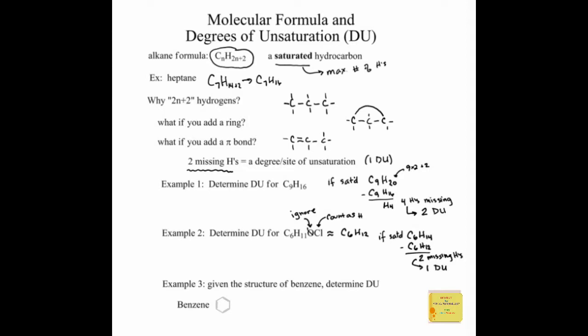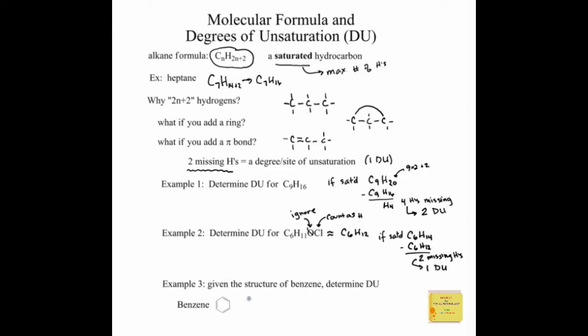And you can even look at a structure and determine the degrees of unsaturation. So without considering the formula, let's take a look at the structure of benzene and determine how many degrees of unsaturation there are. Well, a degree of unsaturation is defined as either a ring or a pi bond, because those are the structural units that cause hydrogen to be missing.